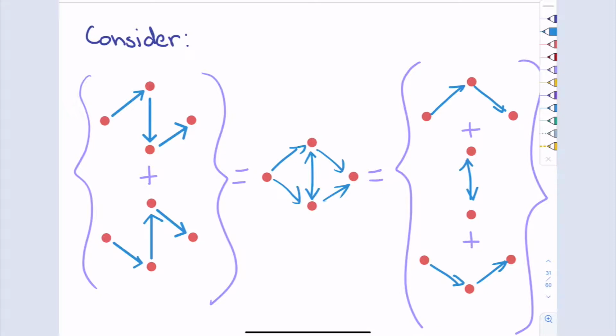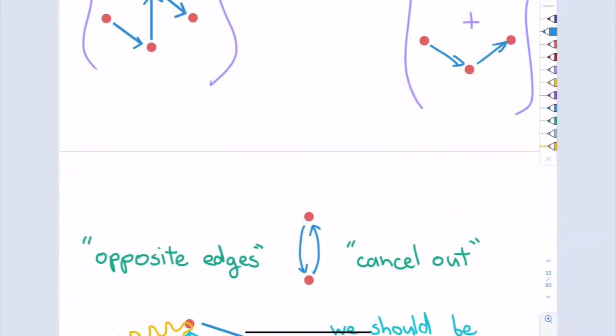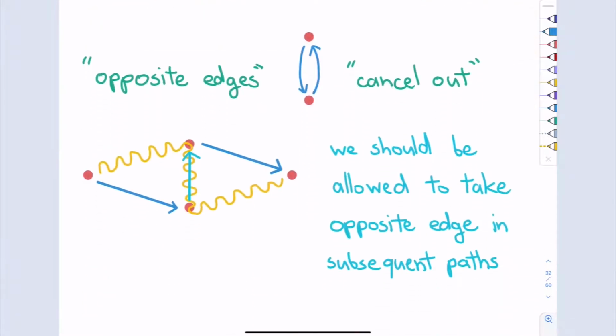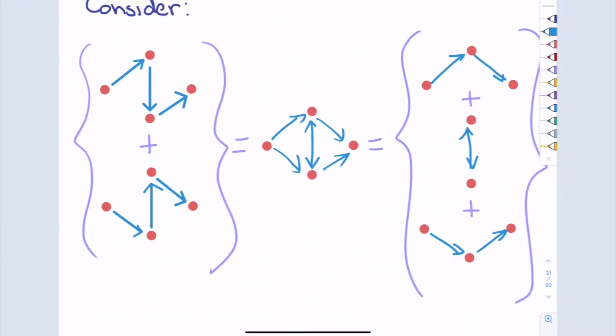Well, what's the idea? These opposite edges, at some level, can cancel out. I can take my two paths that are using opposite edges in the middle and switch the beginning of one with the end of the other. In other words, on the left is that path that we might have taken with our greedy algorithm that killed us.